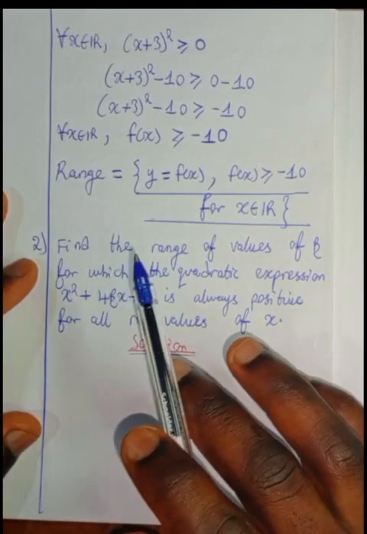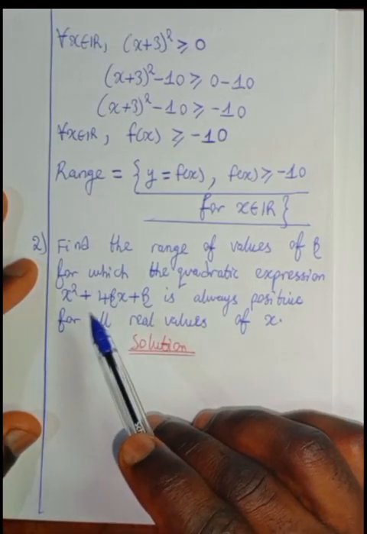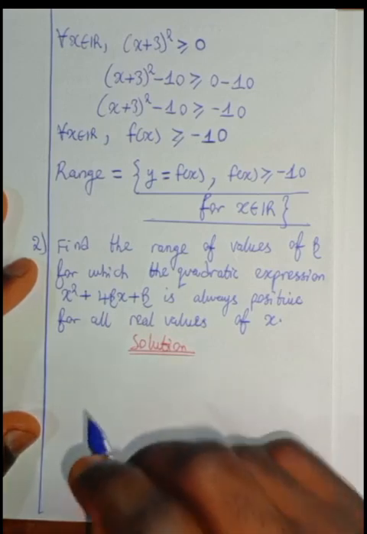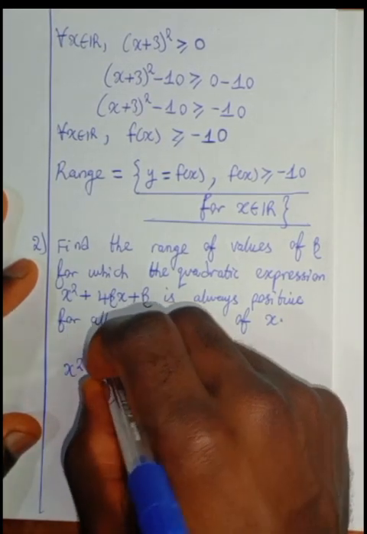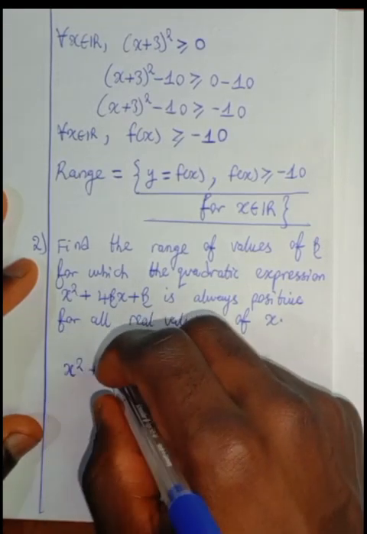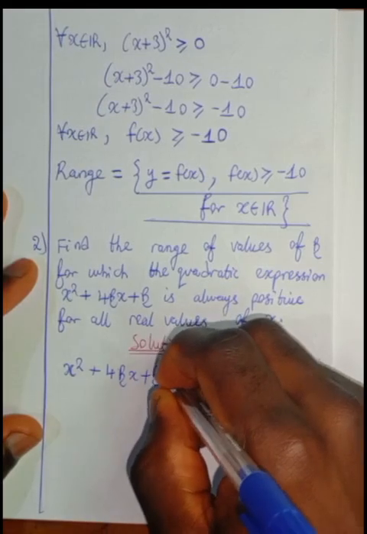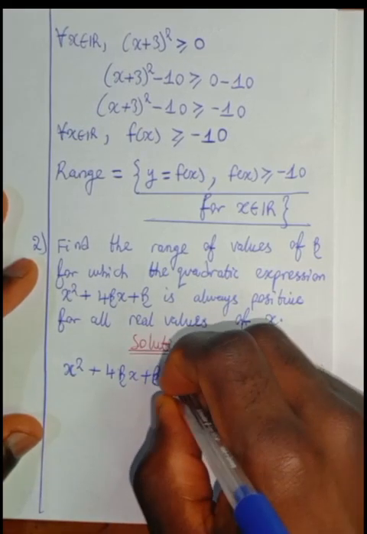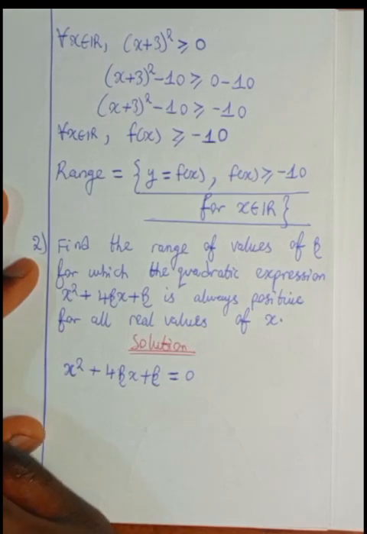It is always positive when the curve does not touch the x-axis. So in this case, if we let y be equal to 0, that is x squared plus 4 beta x plus beta equal to 0, then the discriminant of this quadratic equation will be less than 0.